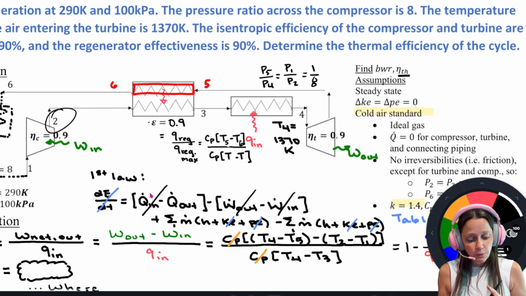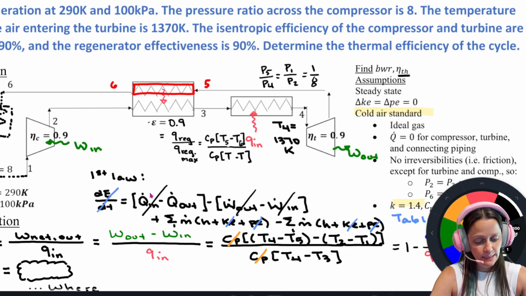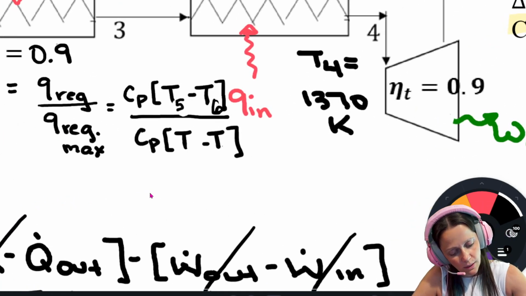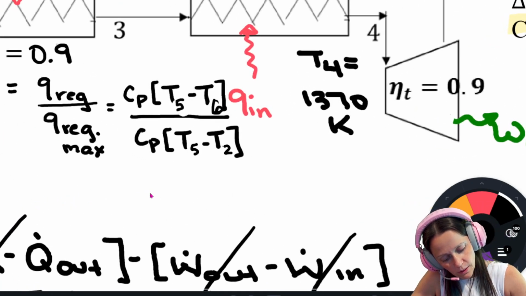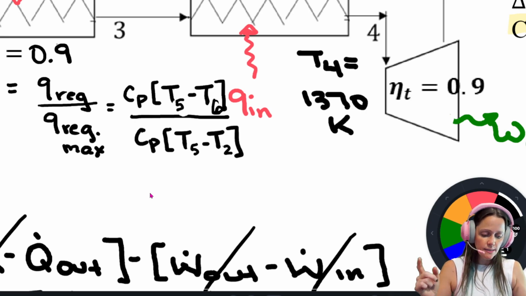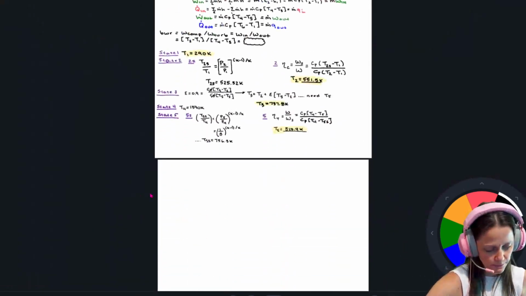So on the bottom, it would be T5 minus T2.